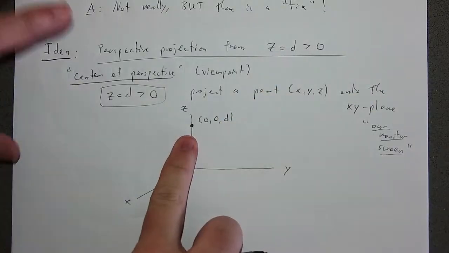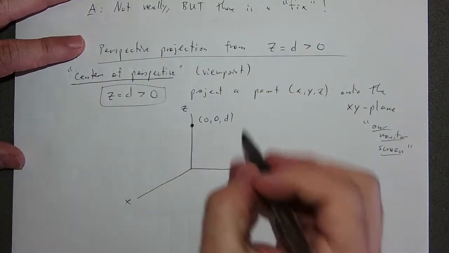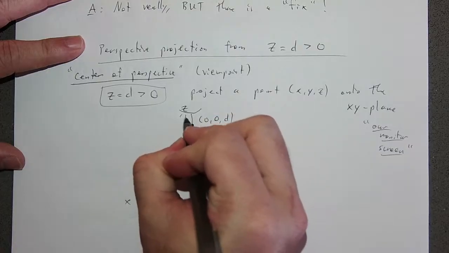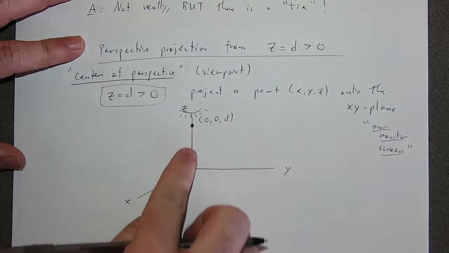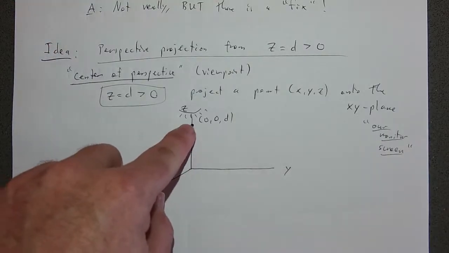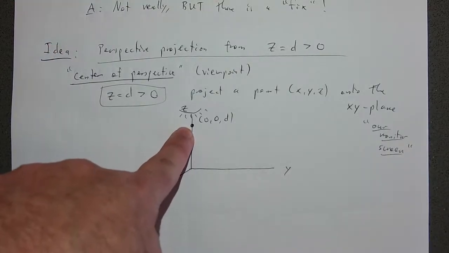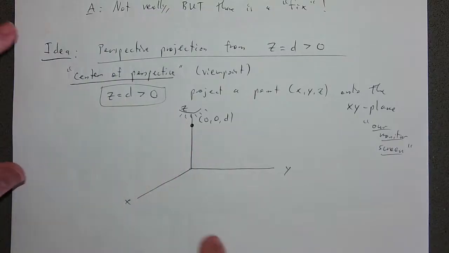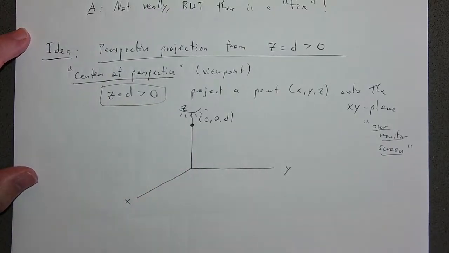This is where my eye is, right? I've run out of room here, but I'm going to draw it here. Here's my eye looking straight down from this point. This is actually where my eye is, okay? I'm looking straight down, and the xy plane is my monitor, okay?